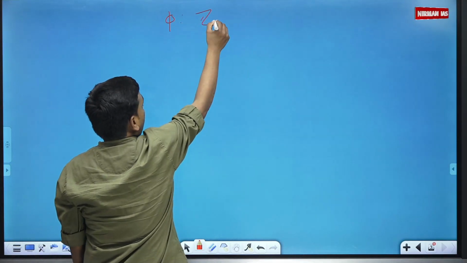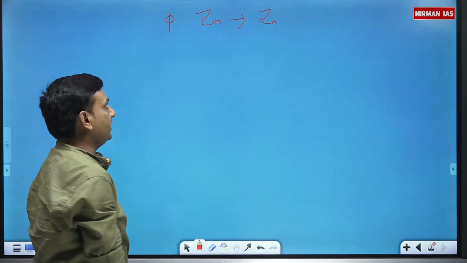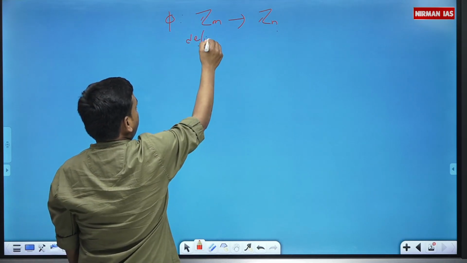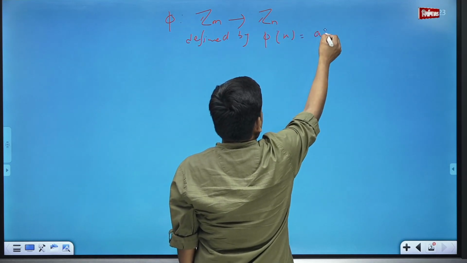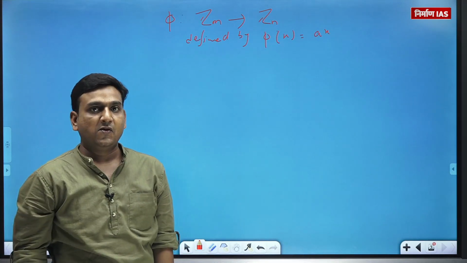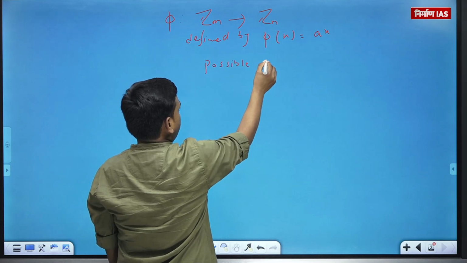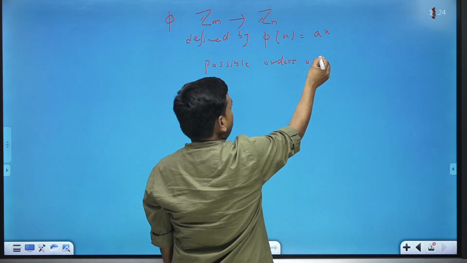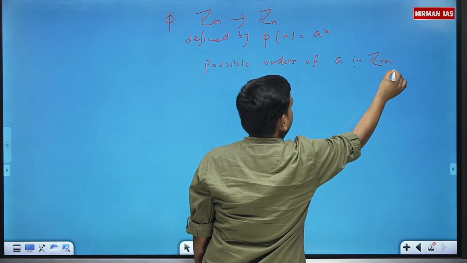If I am trying to define a homomorphism from Zm to Zn, the formula for this homomorphism is phi of x equals ax. We try to find the possible orders of a in Zm.